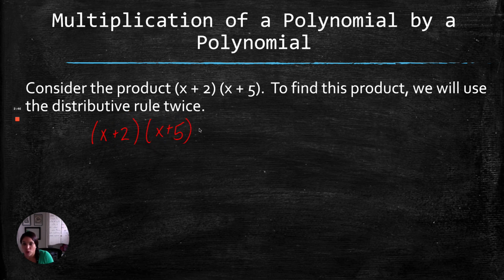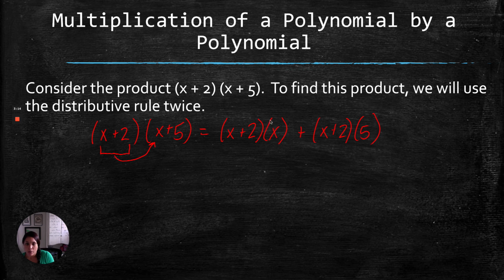So to distribute this, that means I need to multiply this entire binomial by one term on the inside, and then I'll do it again. So I have x plus 2 times x, and then I add x plus 2 times 5.